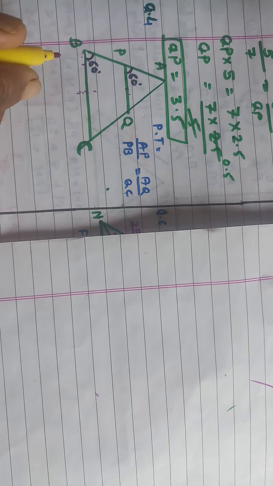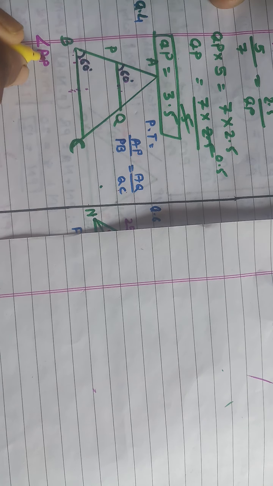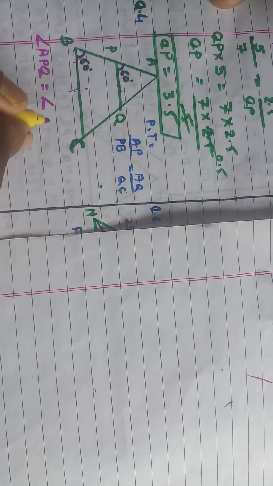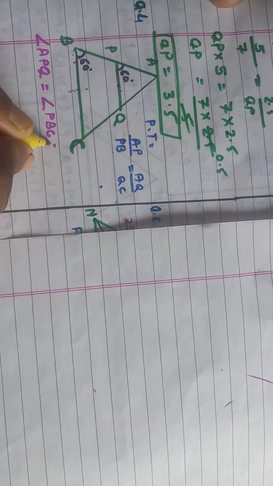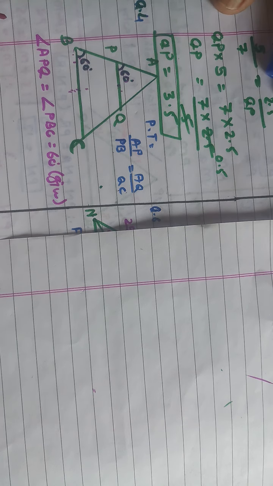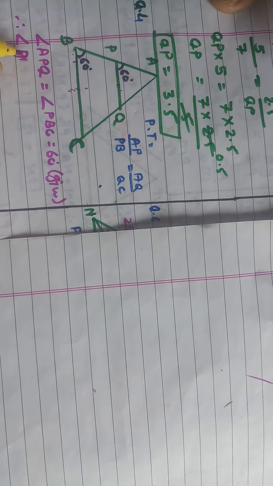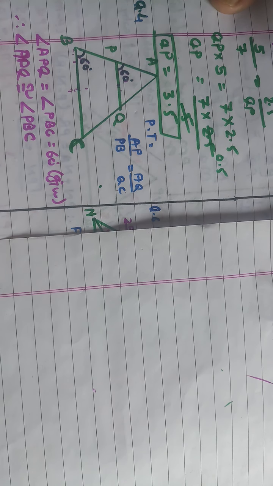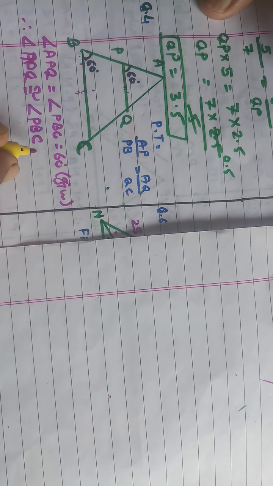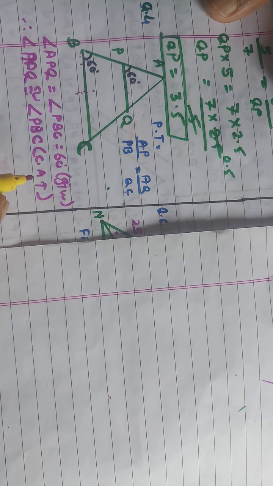Okay, so let's see how to write. Angle APQ is equal to angle PBC is equal to 60, that is given. Therefore we can write angle APQ is congruent to angle PBC. It is by the corresponding angle test. You have to write it in full form, corresponding angle test.